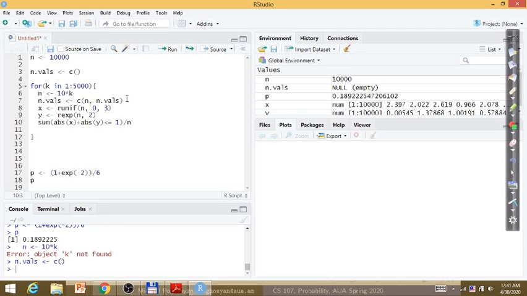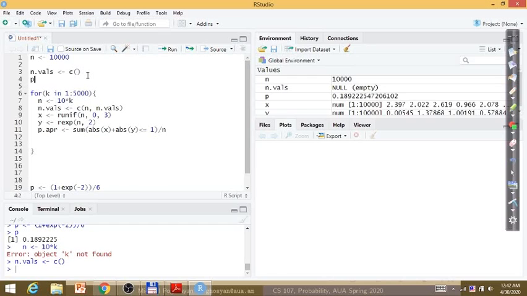I am denoting this by, say, p approximated, and then I'm keeping this in a vector later to print that.